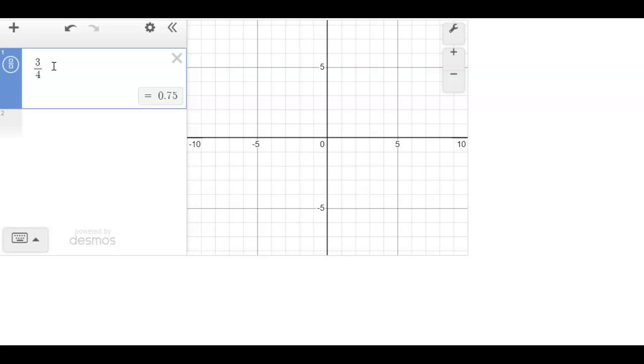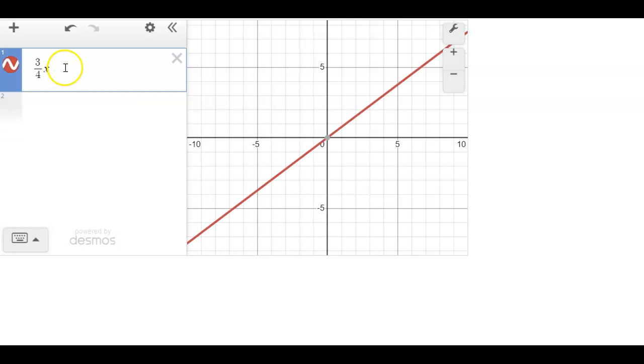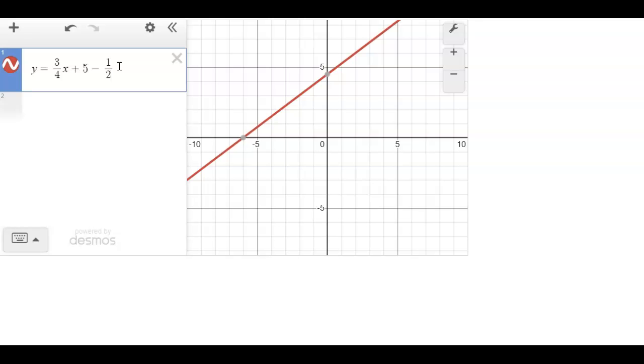So all I did was take my mouse, click there, put x, and we're going to do plus 5 minus, oh, I forgot the y equals. Y equals here. Now, back over here. Plus 5 minus, and then 1/2.